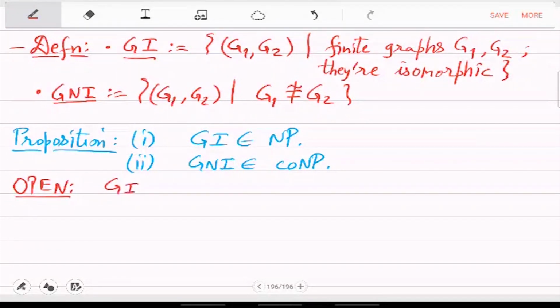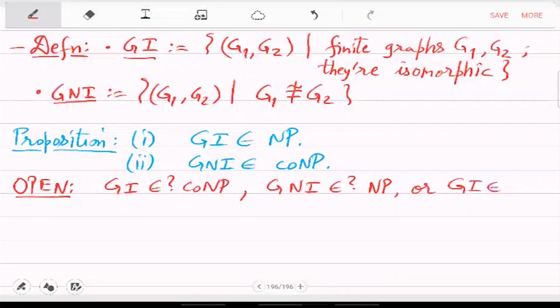So, whether graph isomorphism is in co-NP, graph non-isomorphism is in NP, and of course, whether graph isomorphism is in P. Okay, so all these questions, the first two are equivalent and the third is asking for a practical algorithm for graph isomorphism, and that we do not know, we actually do not even know probabilistic algorithms.